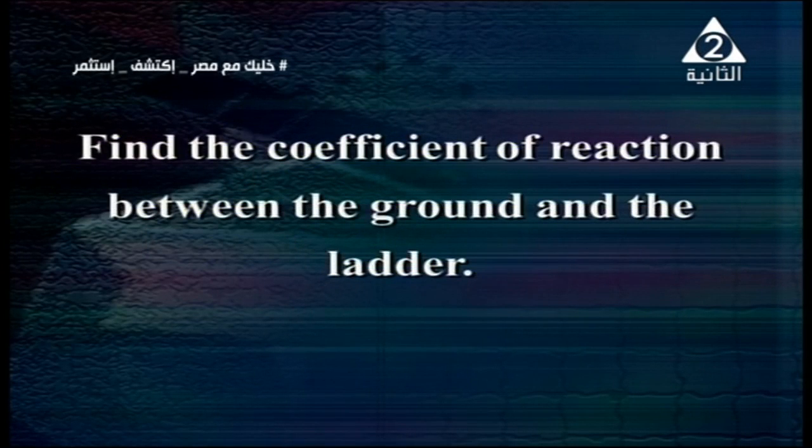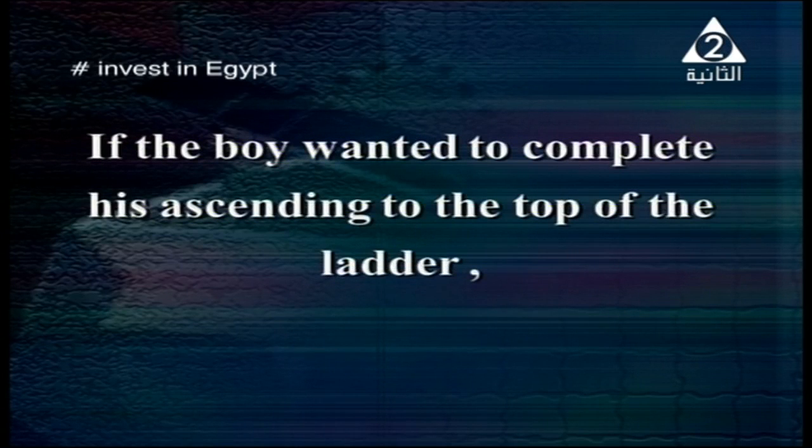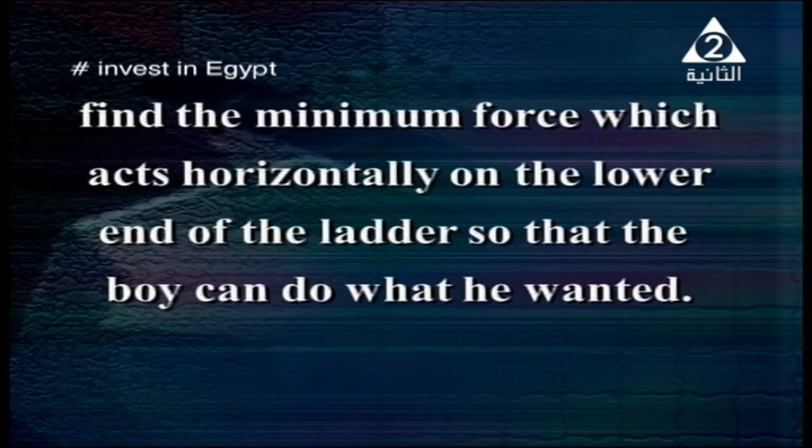What is the required, my dear student? Find the coefficient of friction between the ground and the ladder. The second required: if the boy wanted to complete his ascending to the top of the ladder, find the minimum force which acts horizontally on the lower end of the ladder so that the boy can do what he wanted.